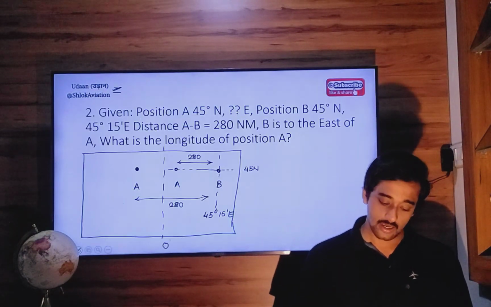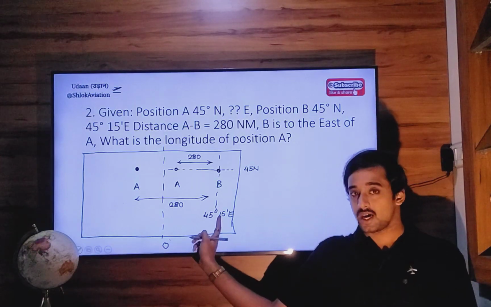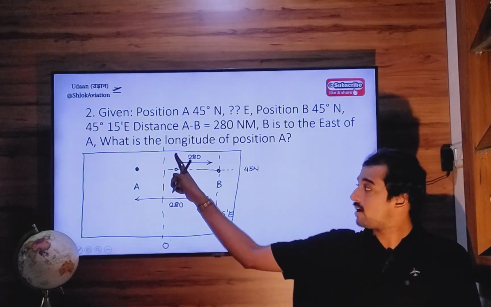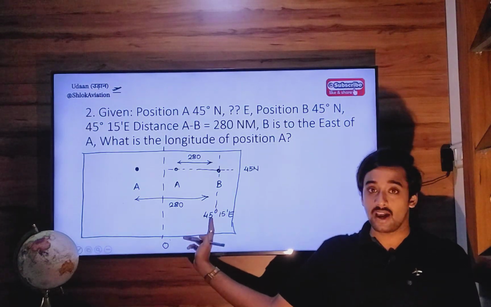That means if Bravo is 45 degree 15 minutes east, the longitude of Alpha will differ from this value by 6 degree 35 minutes.